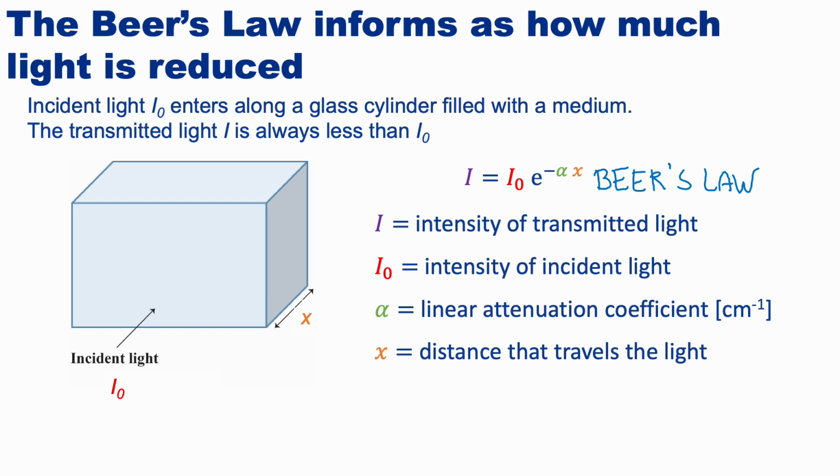We need the input light, the distance, and alpha. Alpha is the linear attenuation coefficient, and it depends on the medium and the type of medium.